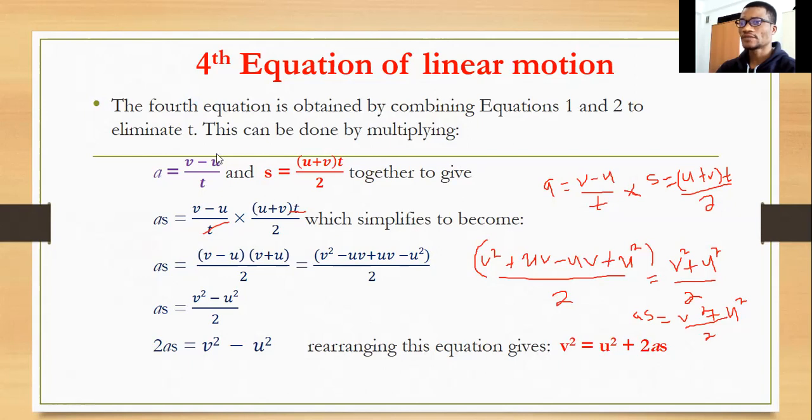So don't forget that for you to derive equation 4, you multiply equation 1 by equation 2, and then you eliminate t as it is done. Equation 2 is derived from the distance expression, which says average speed multiplied by the time taken. So you can derive equation 2.